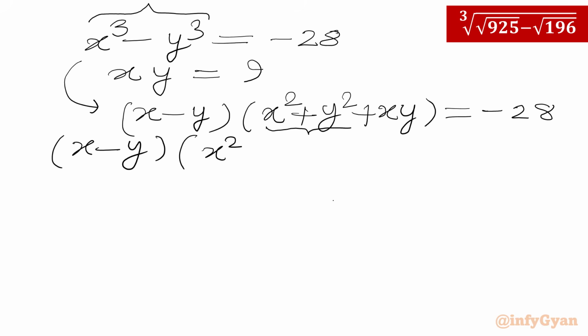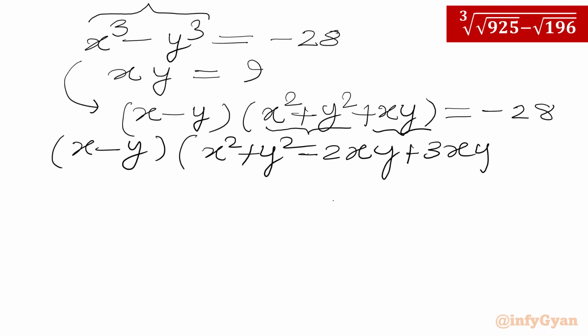We will write as it is. Then we have plus xy, which we will write minus 2xy plus 3xy. RHS is negative 28.